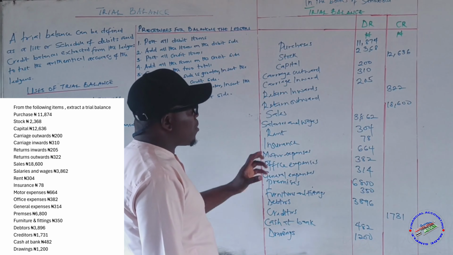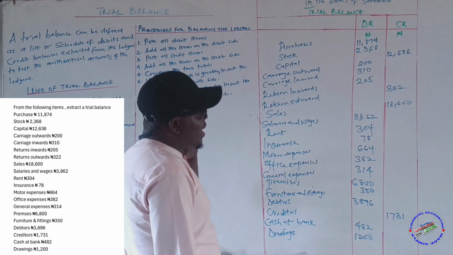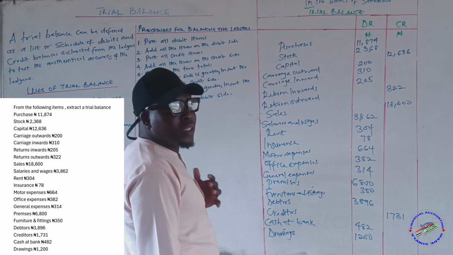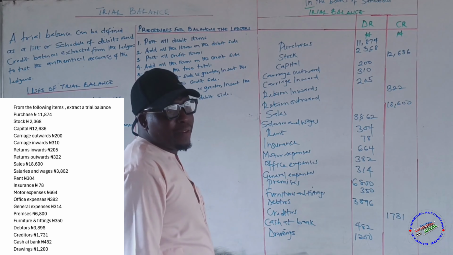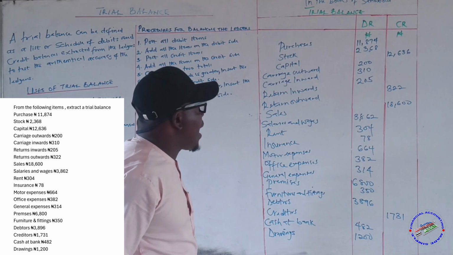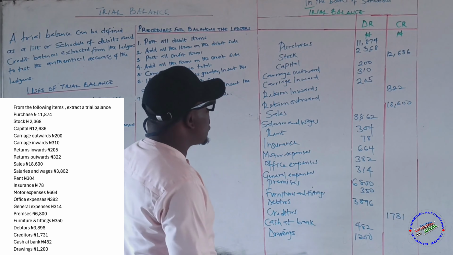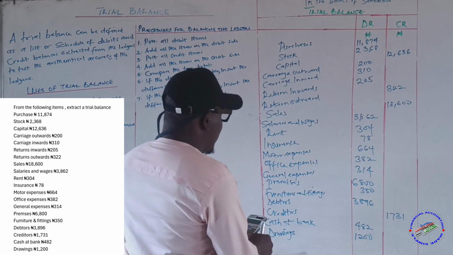So I will post all these ledger balances that were given. We are now going to sum up the two sides of our trial balance to see if the figures we were given in the question are correct. So we are going to start casting all this.